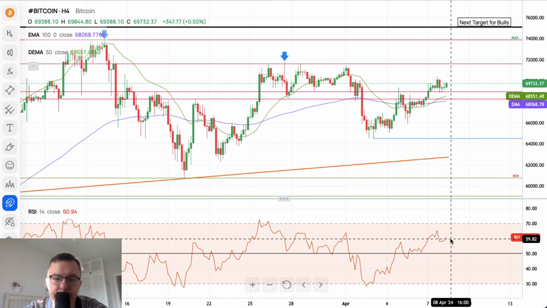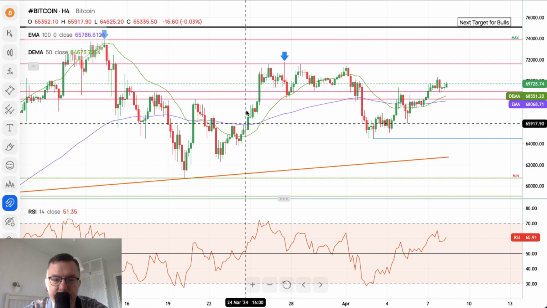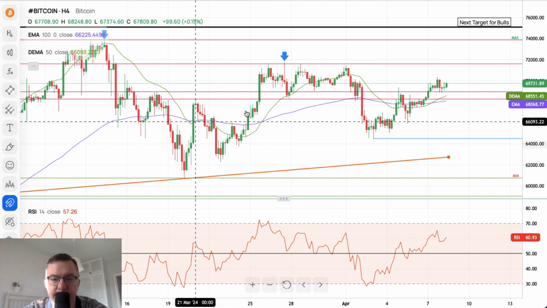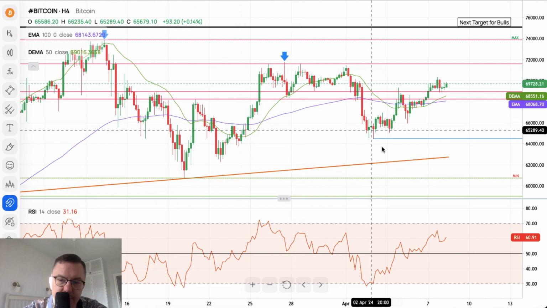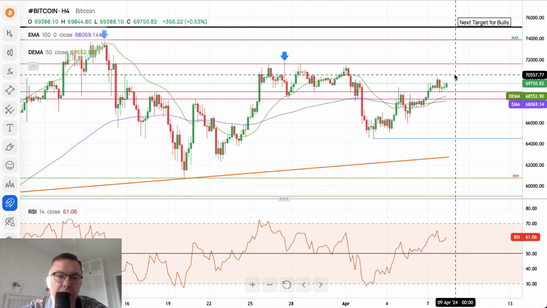Momentum is strong, it's positive. The market, as you can see, is going from extremely oversold to extremely overbought, extremely oversold, extremely overbought, extremely oversold. So it is oscillating, very technical market. I think it might stay like this until the halving is completed. Then we will see what will happen.